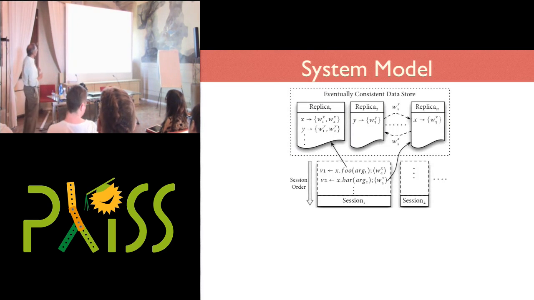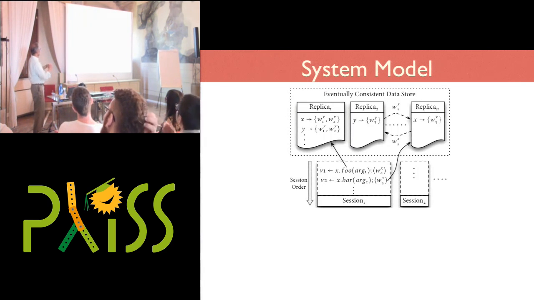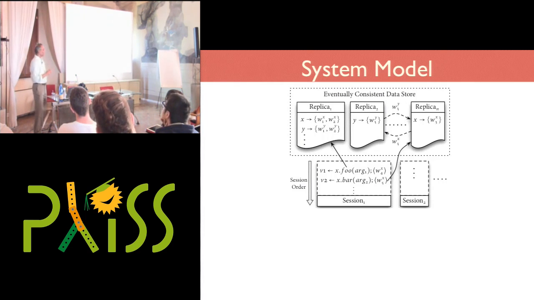So in this particular picture, X is bound to things that say an effect of write x1, another effect of write x2, and those metavariables, write x1, write x2, represent some operation that has to take place. Okay? So I have replicas that have effects and variables, right? And I have something called a session. Think of a session as a client, as what a client does, right?